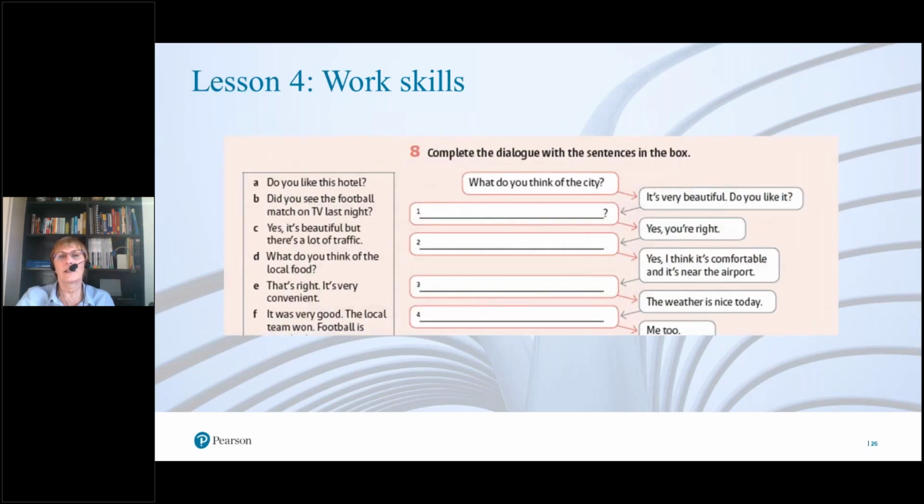Then they get a slightly less controlled practice task where they can put the key questions and replies into the dialogue. If you've got them working in pairs, they can practice this dialogue together and really help them to internalize these key phrases.